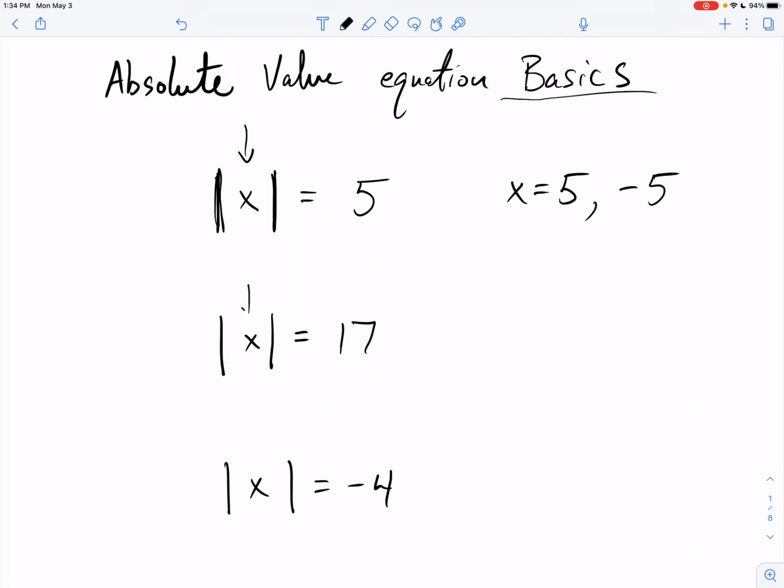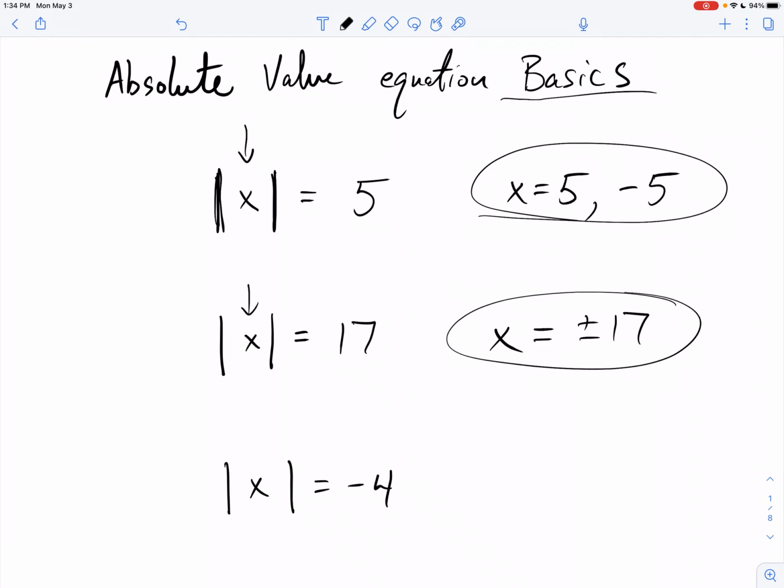Here, what are the 2 numbers I could plug in to make this a true statement? And of course, I'm hoping you would say, well, x could be either positive or -17. See, you could write your answer like this, or you could write it like this, but there's 2 answers to that. Now, here's where we run into difficulty, and it's not major difficulty, but if I plugged in 4, I will not get -4.